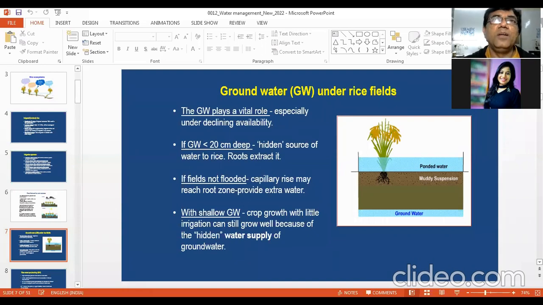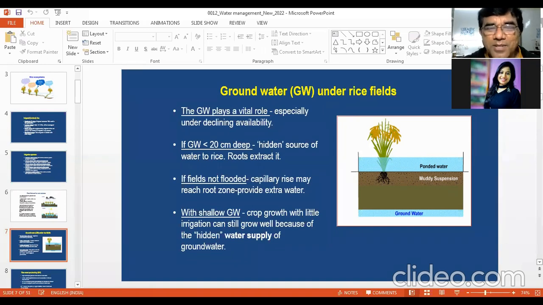So this is important. We have certain areas in our country where water tables are very, very shallow. We have areas where the water table is very, very deep. In Rajasthan, in dry areas and some other parts, water may be 200 meter, 300 meter or more deep. But in some places like the Tarai regions of Uttar Pradesh or Uttarakhand, in the wet or rainy season, you can have almost zero level of groundwater.